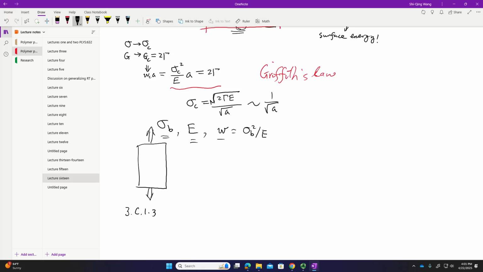In a much simpler case where fracture mechanics is disinvited, these two variables are all you need to characterize.